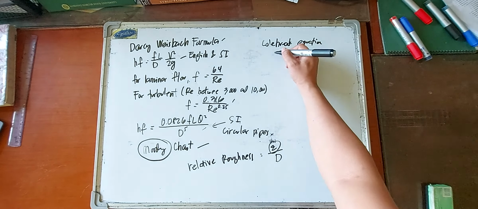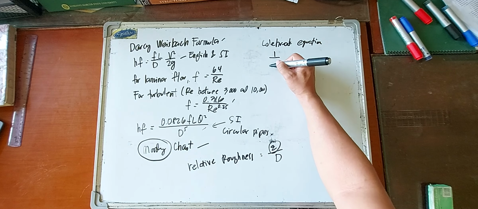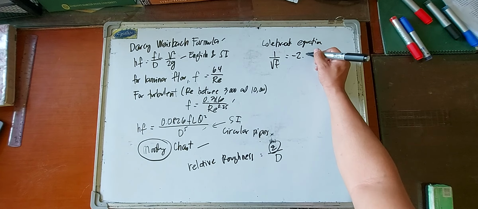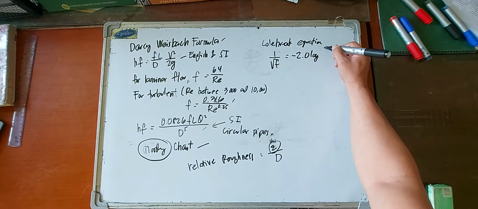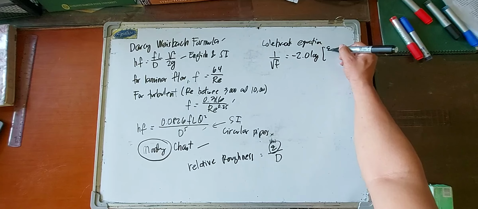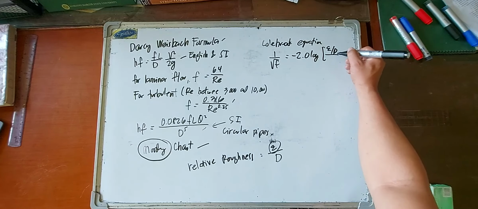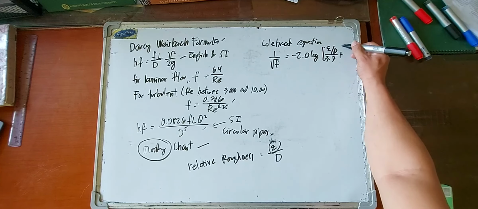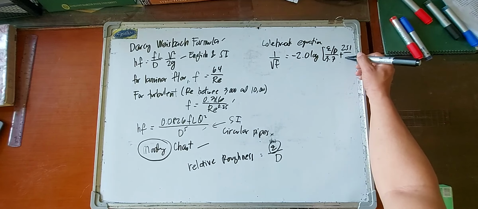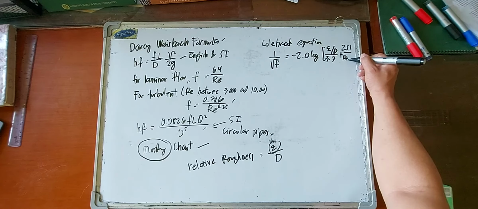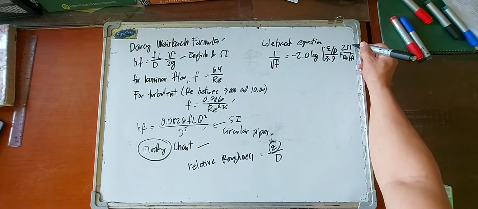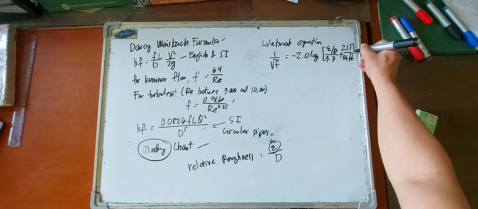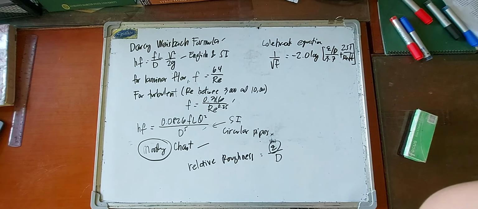The Colebrook equation is equivalent to 1 all over the square root of F. So this is the Colebrook equation.